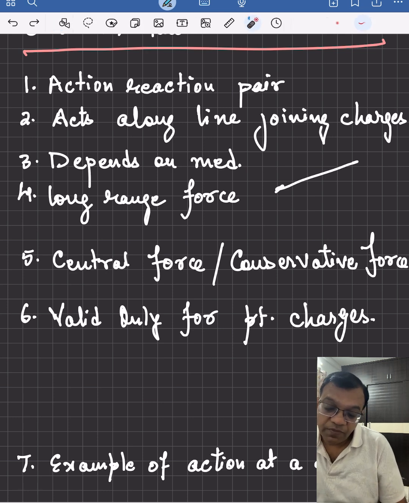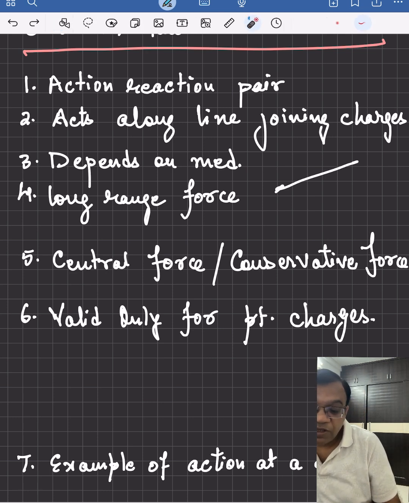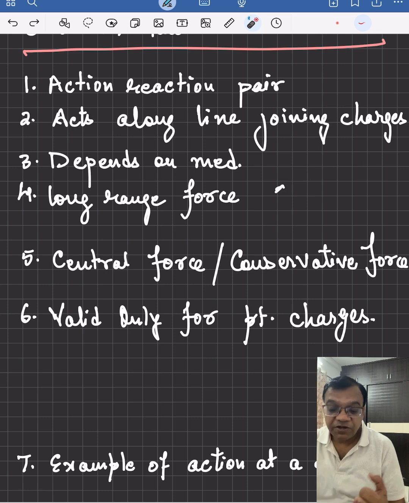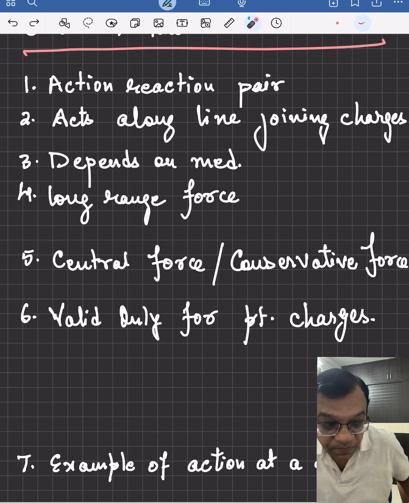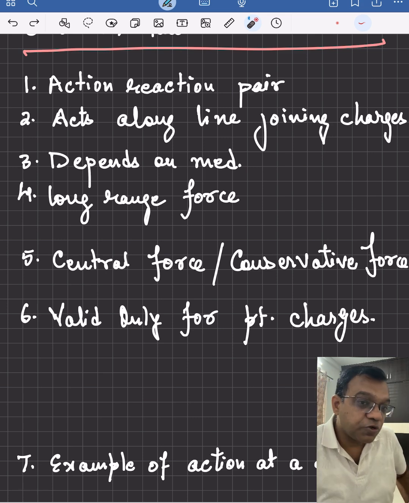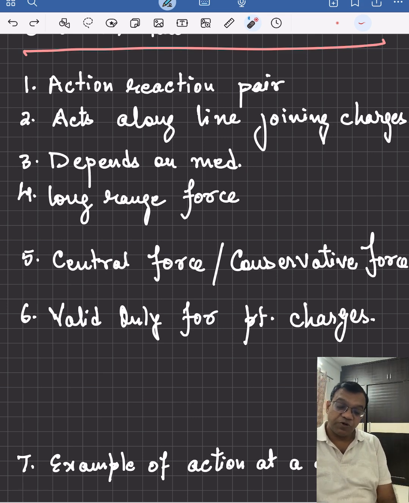Then it depends on the medium. Unlike the gravitational force, which does not depend on the medium, whatever the medium is, the gravitational force is going to have the same expression, this particular force depends on the medium. In vacuum it has one value, in water it will have another value.